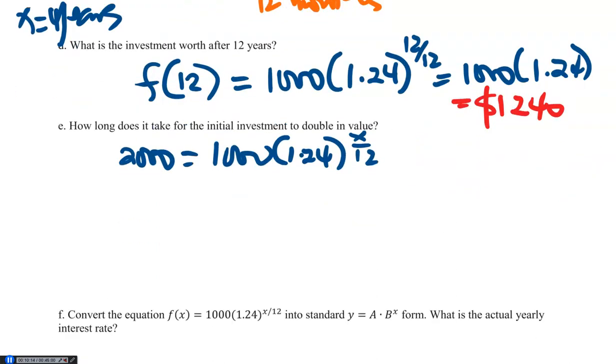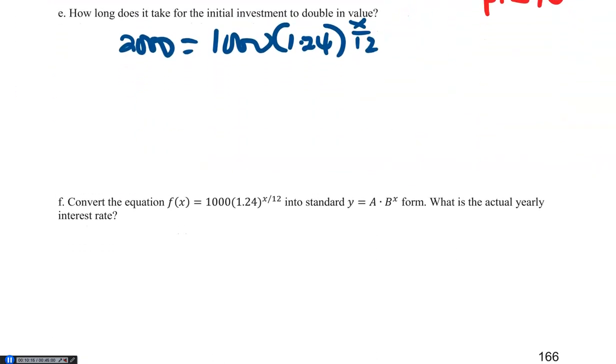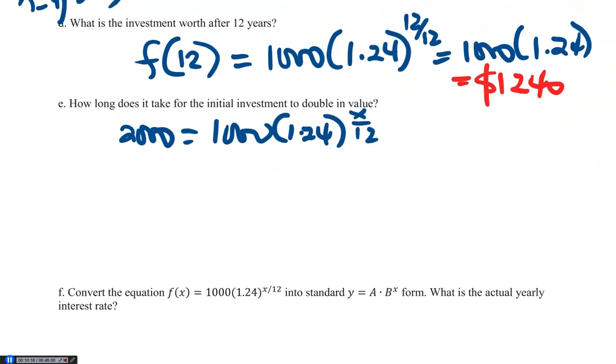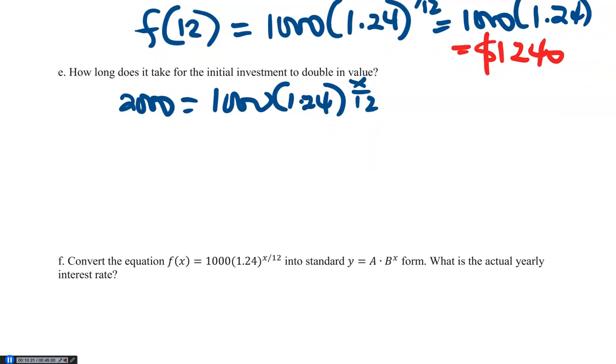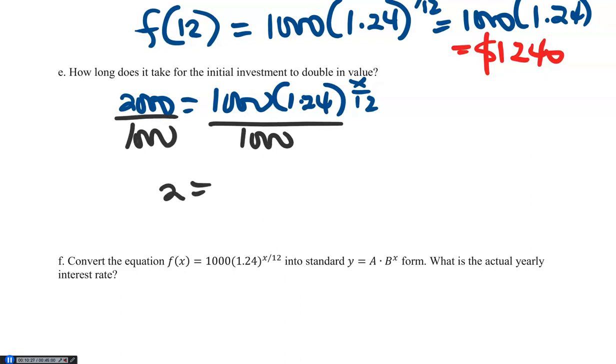If we divide both sides by 1,000, so this is 2 is equal to 1.24 raised to x over 12.